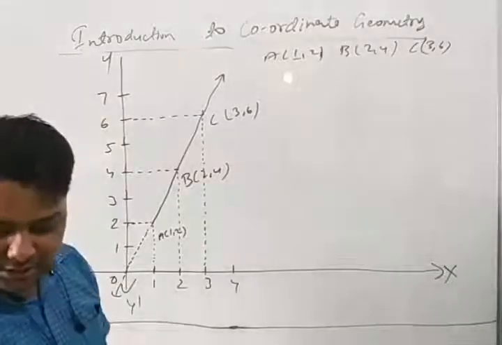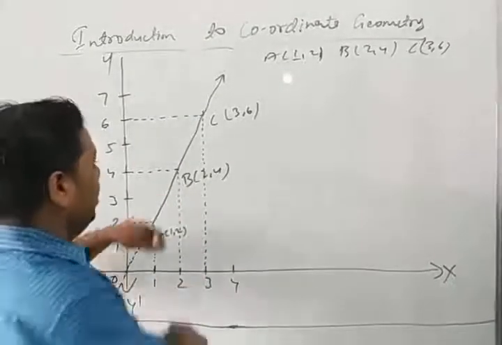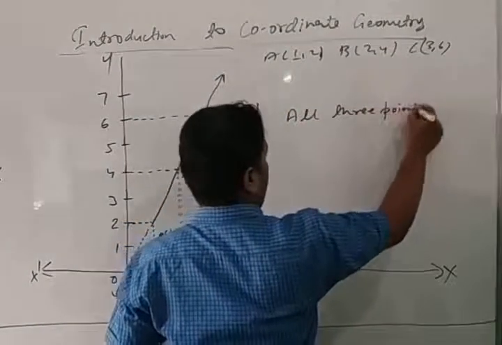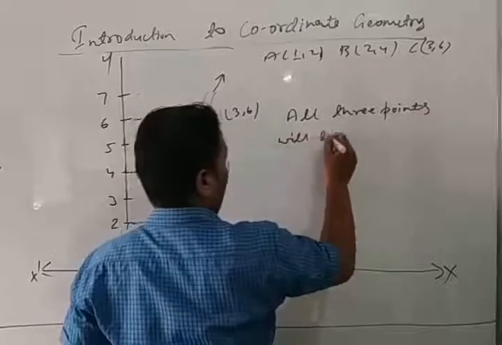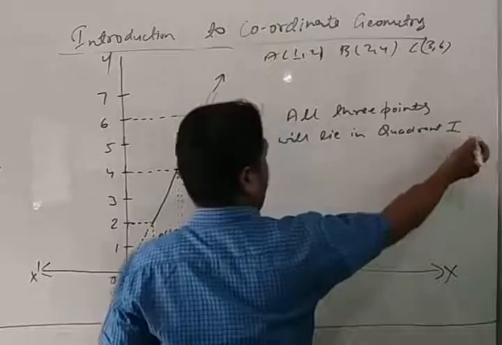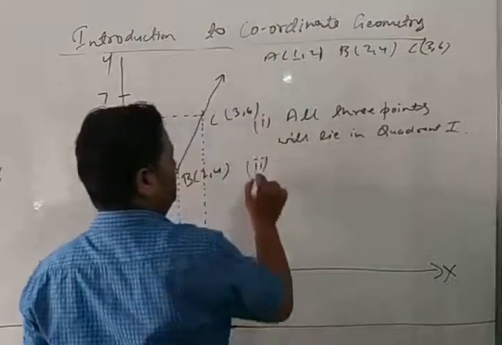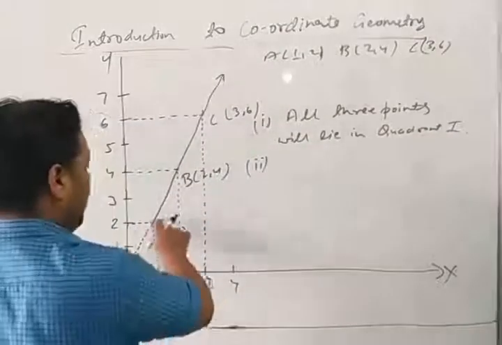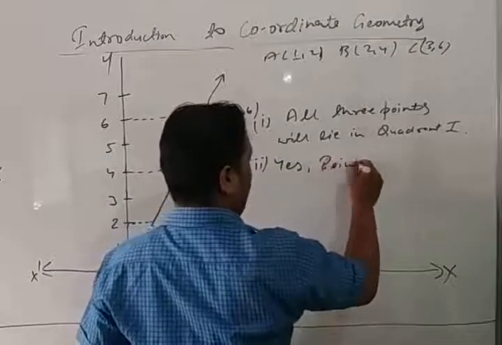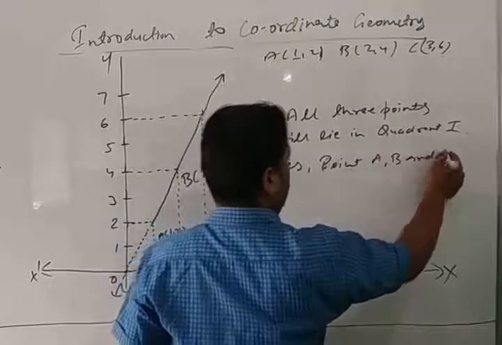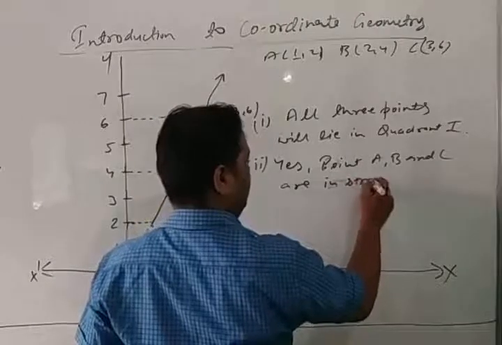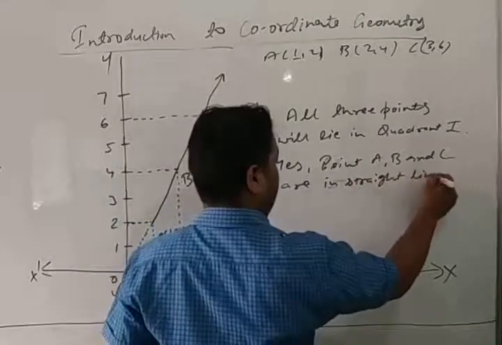So the answer is, first, all three points will lie in the first quadrant. Second, all are in a straight line: points A, B, and C are in a straight line.